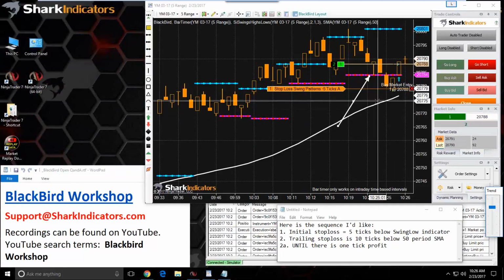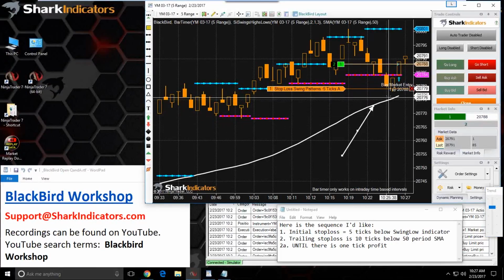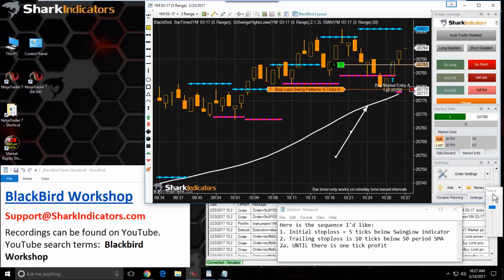As the market moves up, our SMA will move up. So once our SMA moves up past our stop loss, we'll start trailing that SMA. It's going to take a while for that to happen, so let's just crank the market up here.